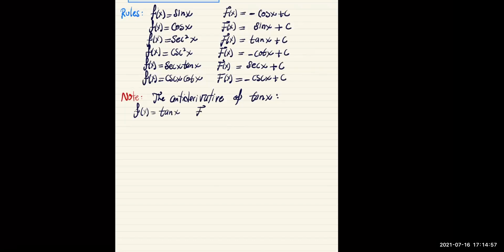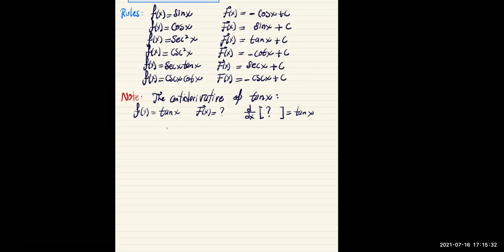So what is capital F equal to? This is what I do in my head: the derivative of what is equal to tangent x? Knowing what we know from calculus 1 so far, can you really answer this question? We really can't.